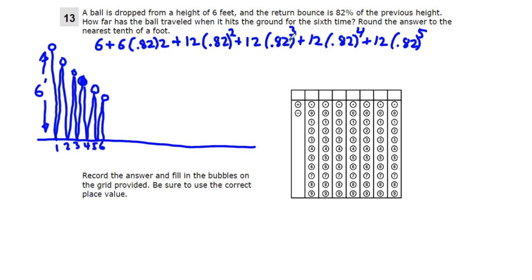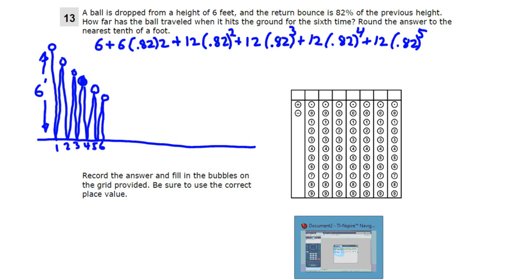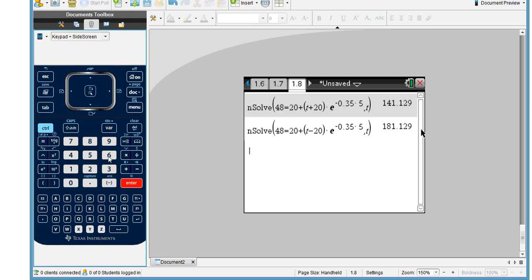So now you have something you can work out in a calculator, and I'm going to go to the calculator right now and put in 6 plus 12 times 0.82 plus 12 times 0.82 squared plus 12 times 0.82 to the power of 3 plus 12 times 0.82 to the power of 4 plus 12 times 0.82 to the power of 5.